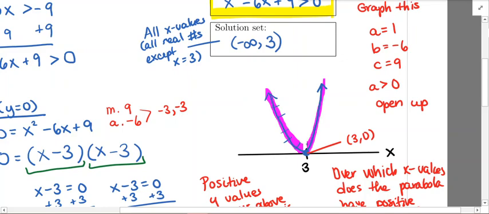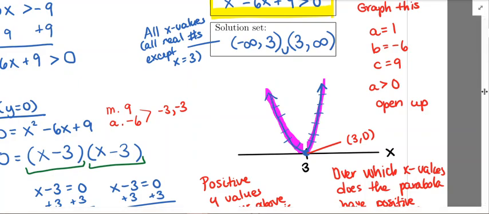But then we pick up on the other side of the x-intercept, which gives you the right side of the parabola. The right side starts on the other side of x equals 3. We don't want to include 3, and it goes over the positive x values. So this is how you can write in interval notation all real numbers except for 3.